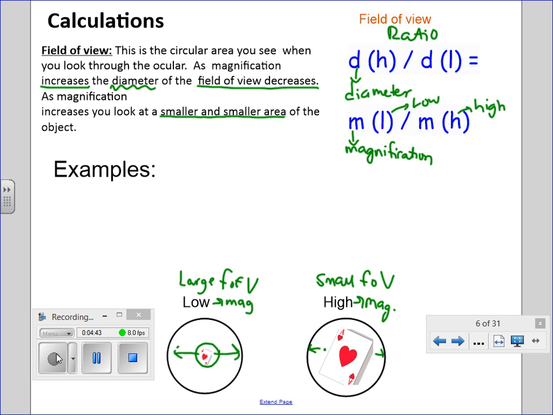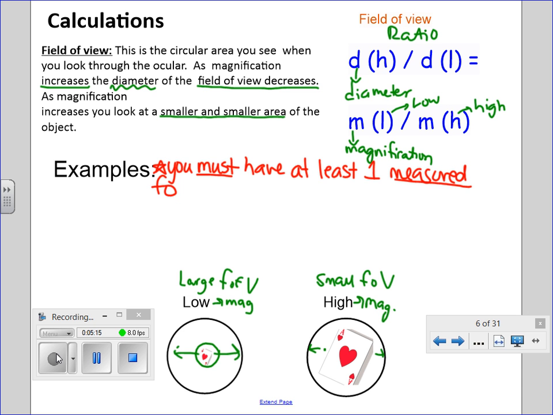So before I show you how to calculate anything, does anyone have questions about the basic idea? As I zoom in and get better magnification, I'm looking at a smaller and smaller space. So one key point is that to do any sort of calculation, you must have at least one measured field of view.